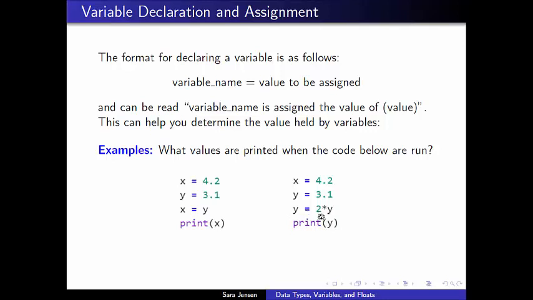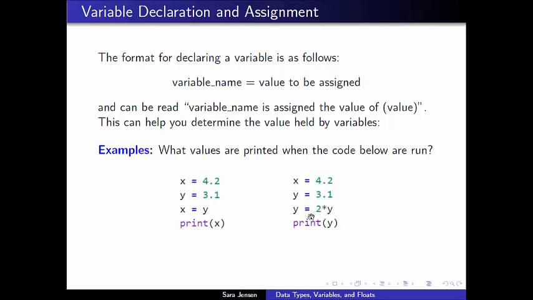If you were to read this line like a mathematician, y is some number that is equal to 2 times itself, you would conclude that either y is equal to 0 or 1 is equal to 2, and since 1 is definitely not equal to 2, this would mean that y would have to be 0, but that doesn't make any sense because y was supposed to be 3.1. So again, don't read this line like a mathematician would.